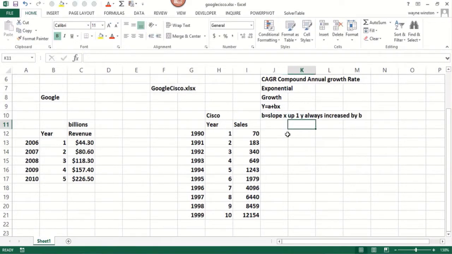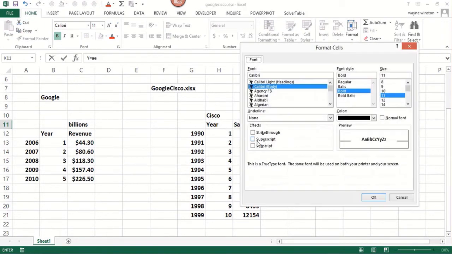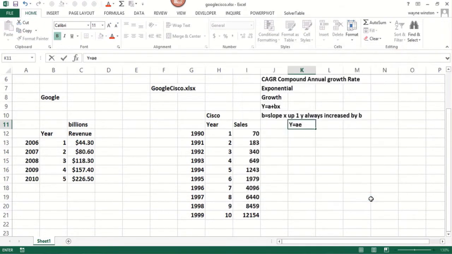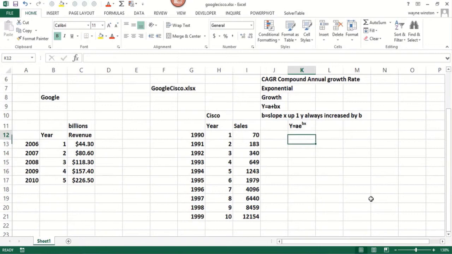But a common thing in the scientific world, if you look at growth of bacteria, for instance, over time, or growth of population if there's no mitigating factors, is y will equal a times e, which is the base of natural logarithms, 2.718, to the power bx. We don't know what a and b are, but Excel can figure them out.